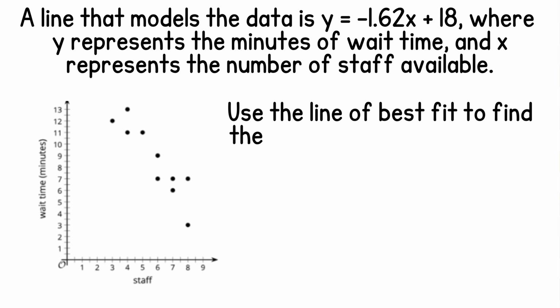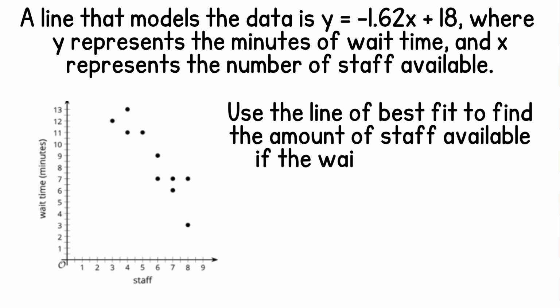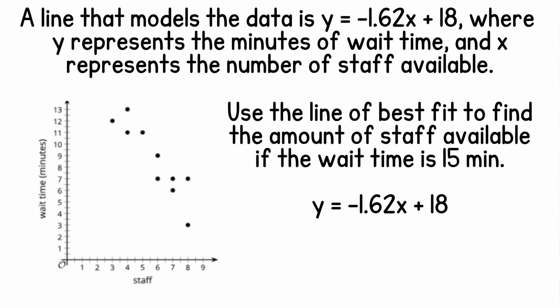Now let's use the line of best fit to find the amount of staff available if the wait time is 15. We'll still take our original equation, but this time we're going to replace y instead of x. So y will become 15 since that represents the 15-minute wait. Now let's solve for x to figure out how many staff are available.